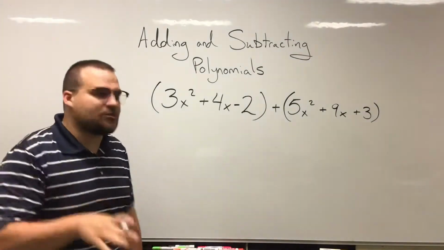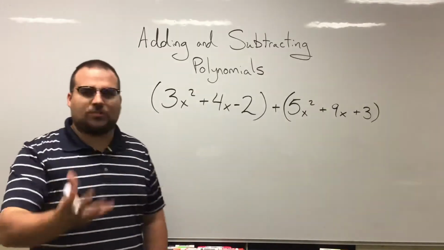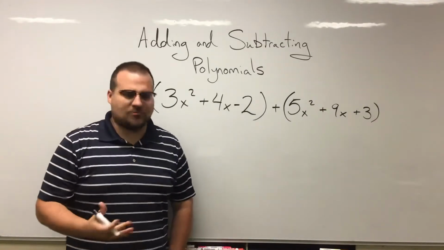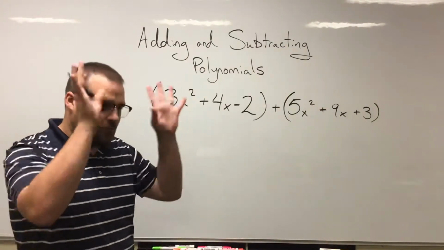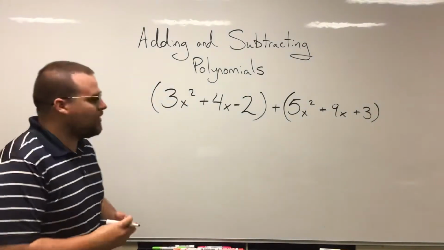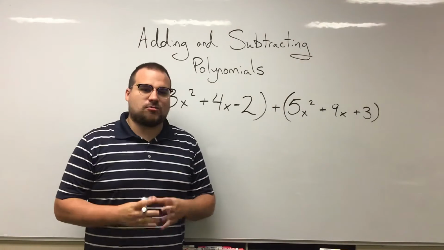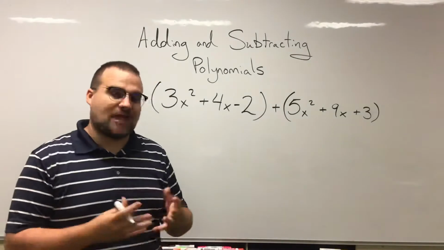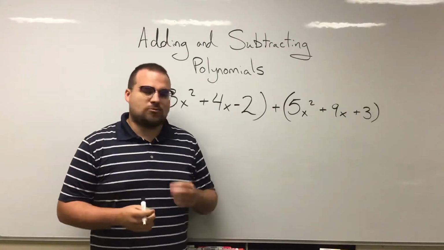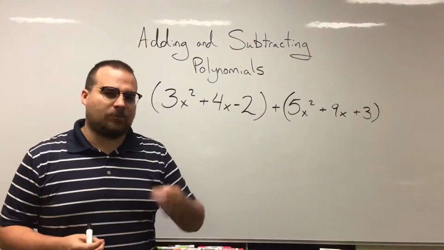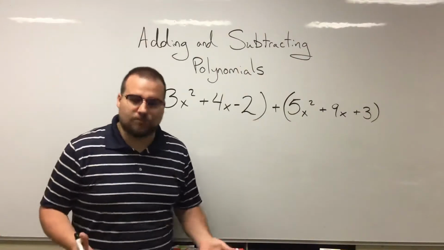Now you'll notice I stopped there in the middle and I wrote parentheses around the polynomials. I probably should have done that from the beginning, but it slipped my mind. The important reason that we want to put parentheses around these polynomials is to recognize that these are two separate entities, two separate expressions.